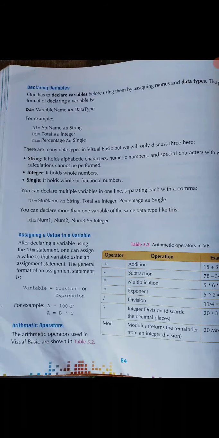It consists of alphabetic characters, which can be words and letters, then numbers, as well as special characters, symbols like the at sign or the dollar sign.